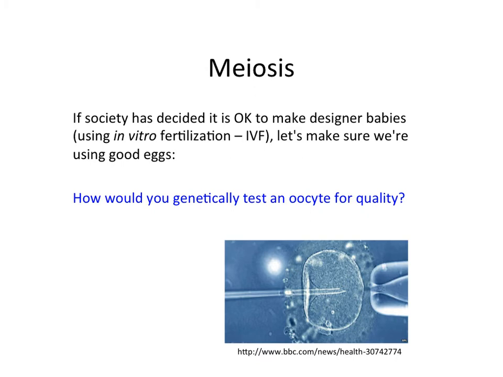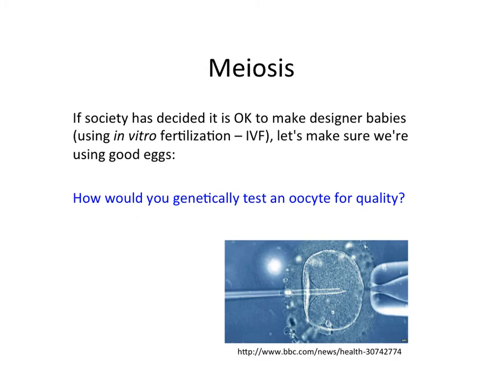So for example, when people are doing in vitro fertilization, they would love to know, here's this precious oocyte. Is it one we should use to fertilize? Or does it have a genetic predisposition to some disease? The concern then is, how do you do genetic analysis of that one cell?